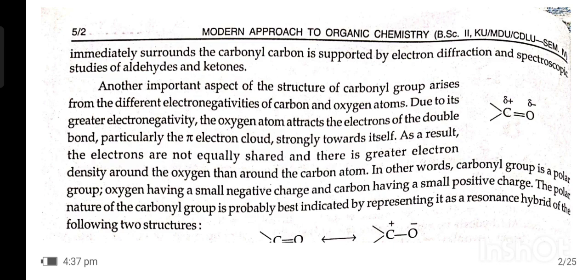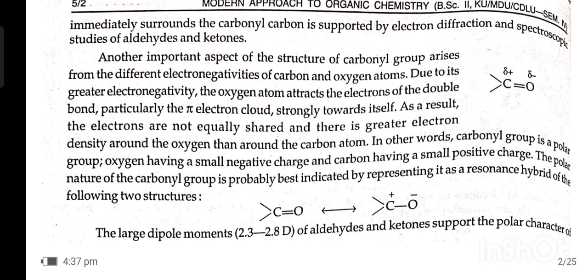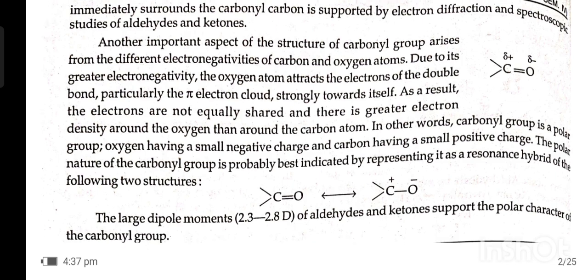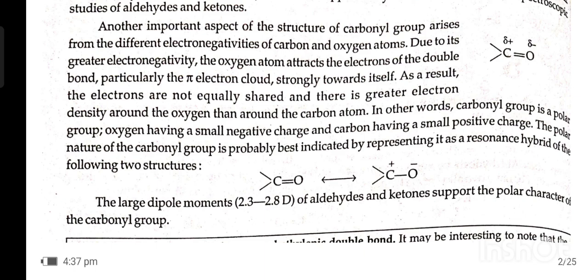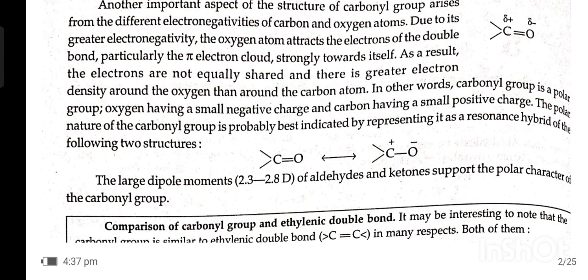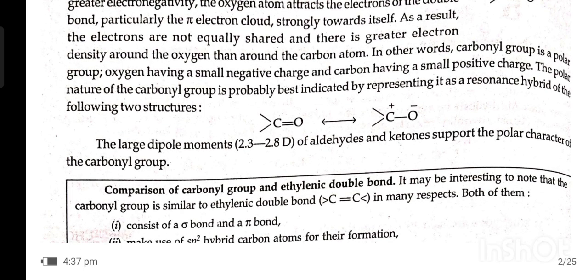Another important aspect of the structure of the carbonyl group arises from the different electronegativity of carbon and oxygen atoms. Due to its greater electronegativity, the oxygen atom attracts the electrons of the double bond, particularly the pi electron cloud, stronger toward itself. As a result, the electrons are not equally shared and there is a greater electron density around the oxygen than around the carbon.